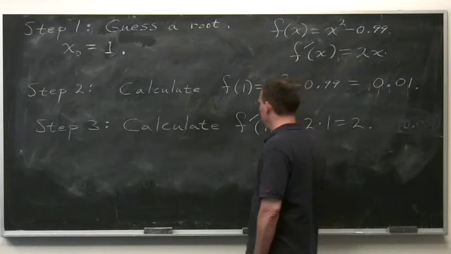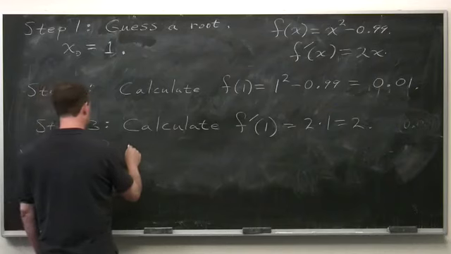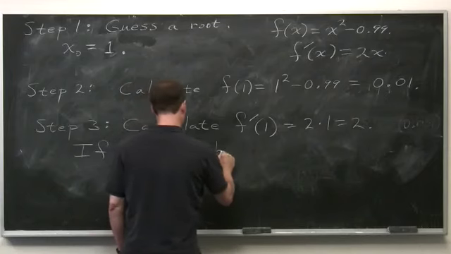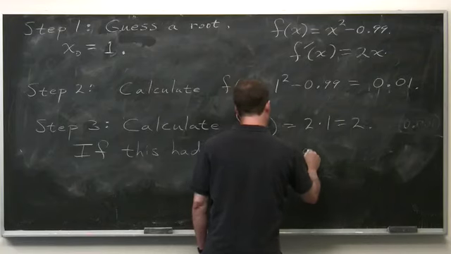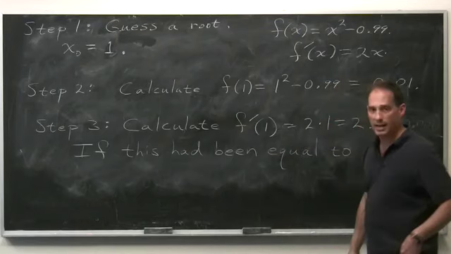If this had come out to be 0, Newton's method would have a problem. We'll see why in a minute.